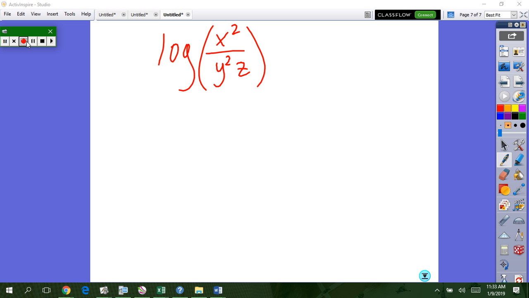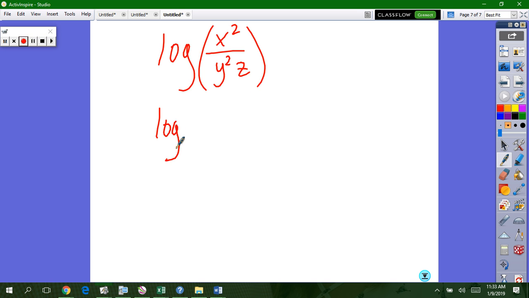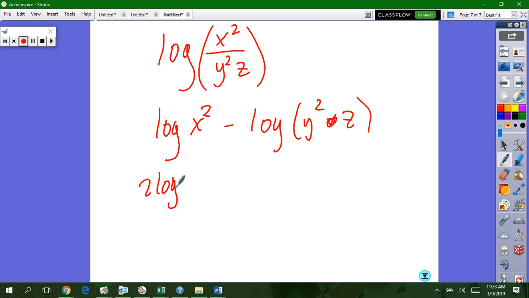First thing I see is division. Oops. Not yet plus. Okay. Now, how many forgot to put your parentheses and just had 2 log of x minus 2 log of y plus log of z?